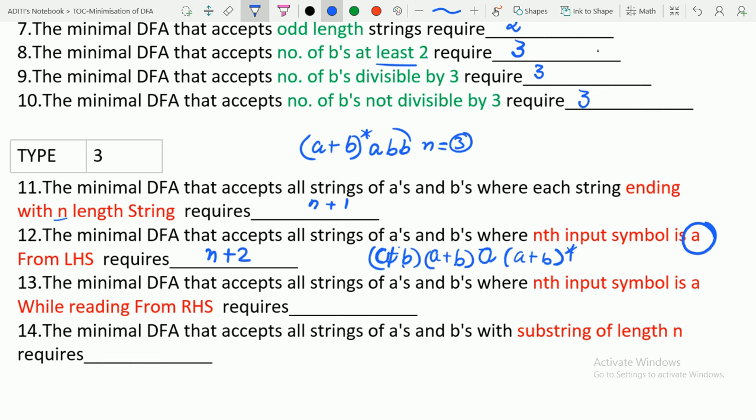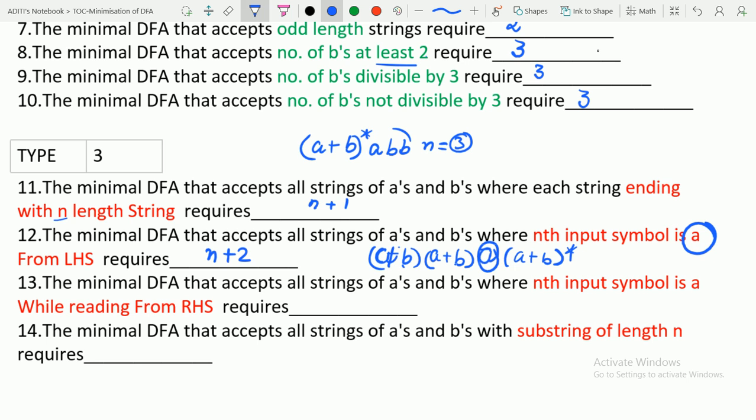Rest I don't know about it. Like this, the first, second, third position is A. Then the minimum number of states required is n plus 2, that is 3 plus 2, equals 5 states in this particular example. Okay, like this we have to proceed.